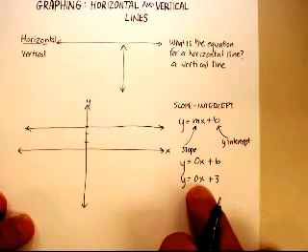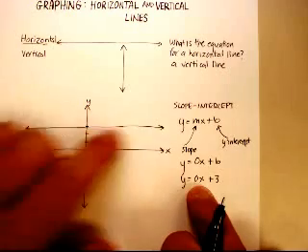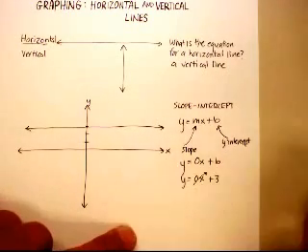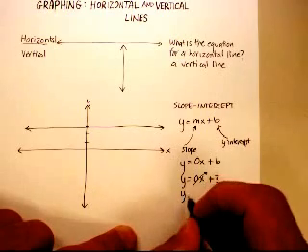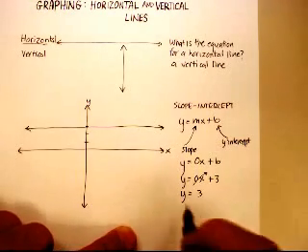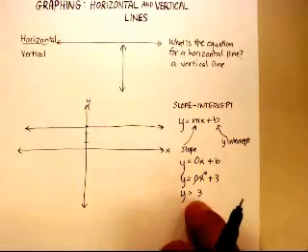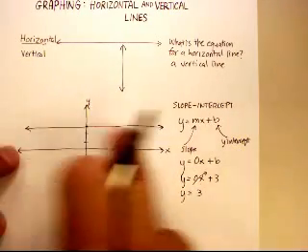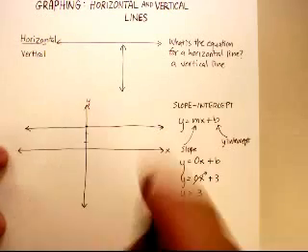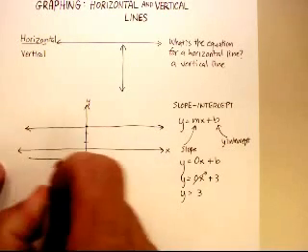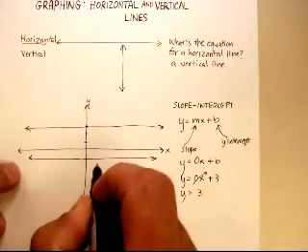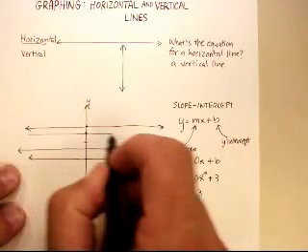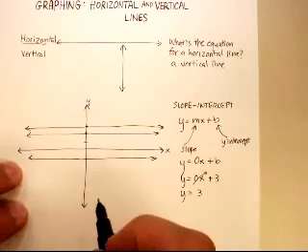Notice that the 0 slope makes this go away because anything times 0 is just 0. So you essentially get y is equal to 3, and that's the clue. That is the equation for a horizontal line. So it's y is equal to 3, or this line right here, it would be y is equal to -1, or this line up here, y is equal to a positive 2.